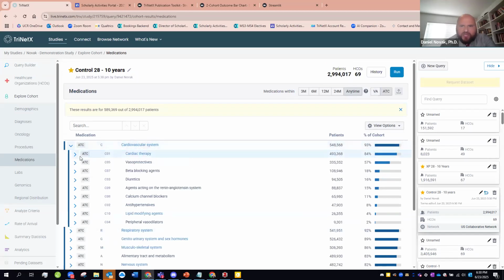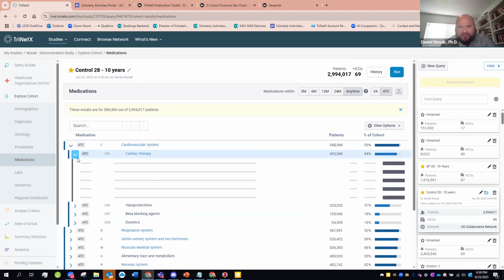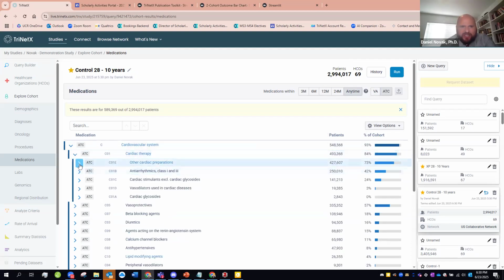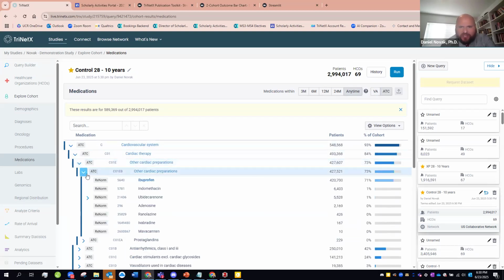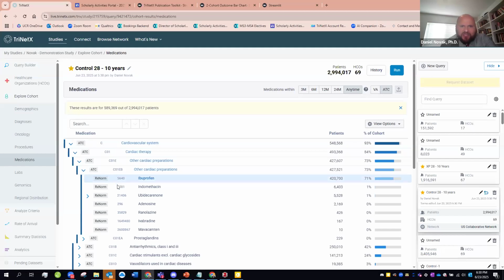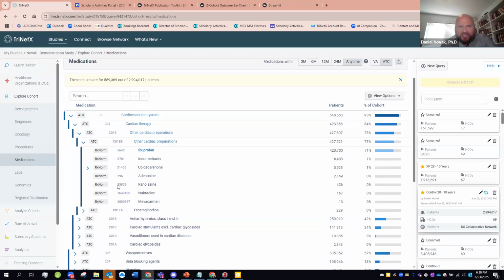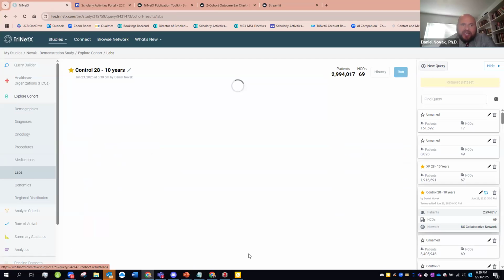You see that a lot of the people in this cohort are on some kind of therapy. We can see they've got other heart stuff. I guess ibuprofen in this case is one that they're including. It's a weird place to put it, but whatever. And so you can see that these are some of the ways that they divide out medications.